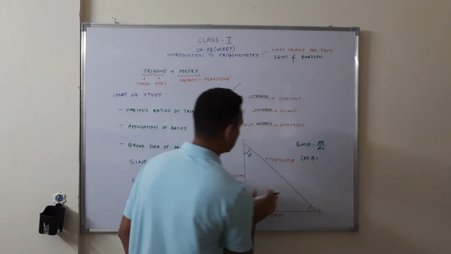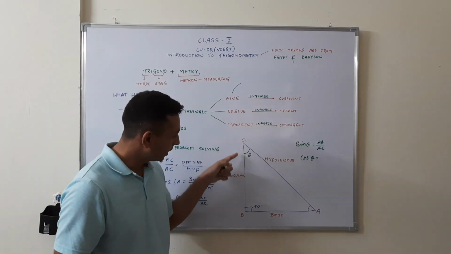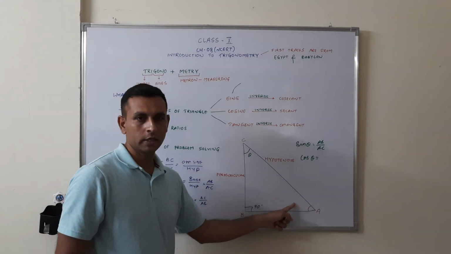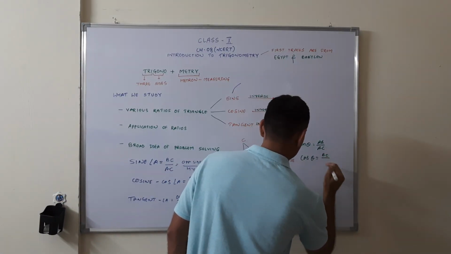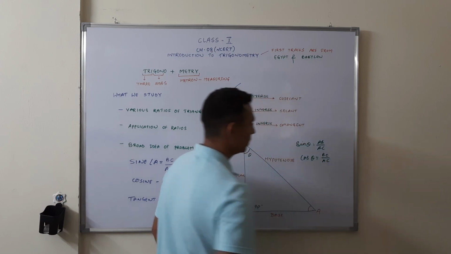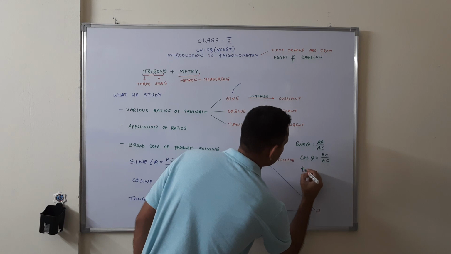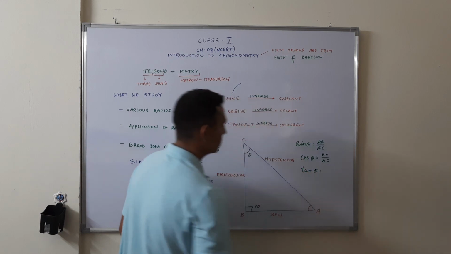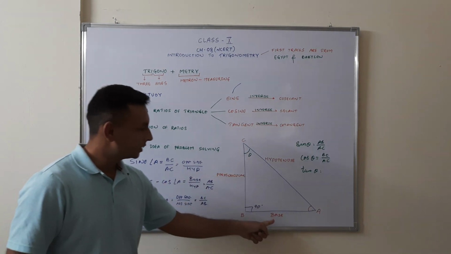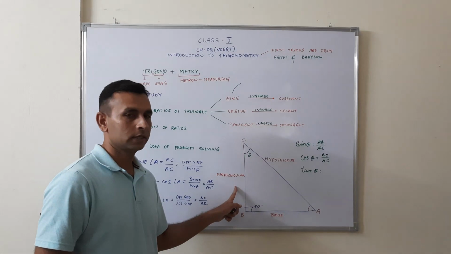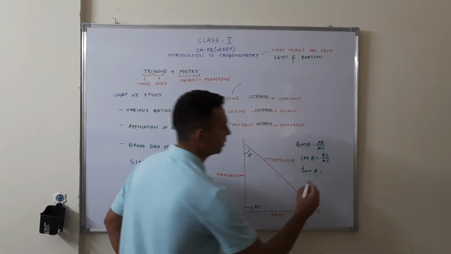If I want to write cos of theta, it means adjacent side upon hypotenuse, which means BC upon AC. Now, if I want to write tangent of theta, what do I need to write? For this theta, it is opposite side upon adjacent side, which is nothing but AB upon BC.